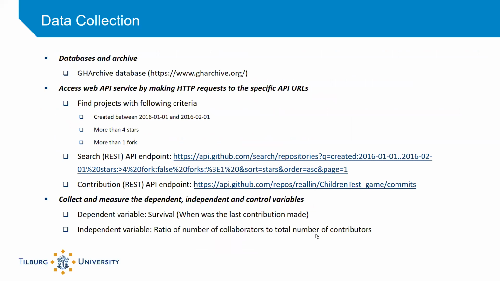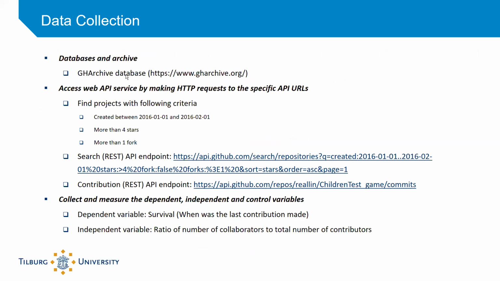So now we'll go to data collection. My research design is complete, and the second issue starts, the behavioral research methods. So first is data collection. To find data, I run a Google search and I find that there are existing databases and archives which I can directly use.